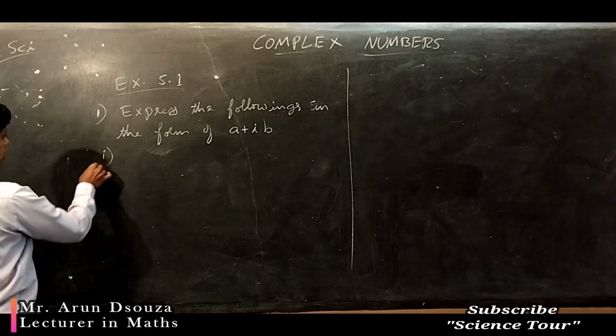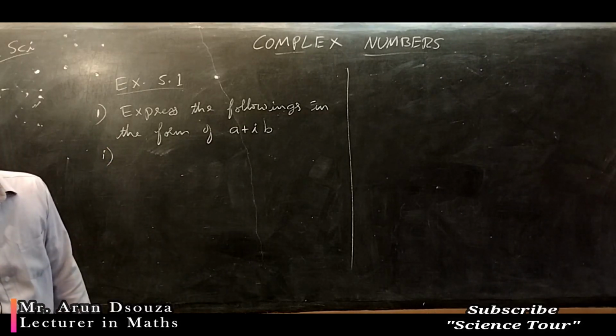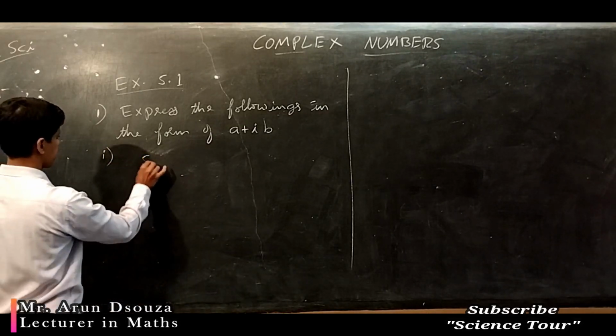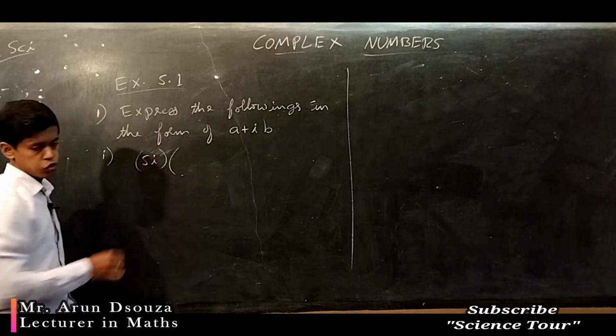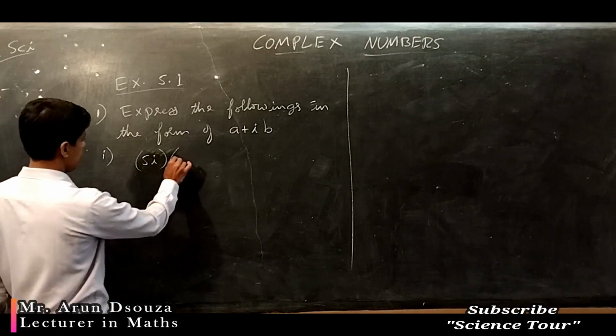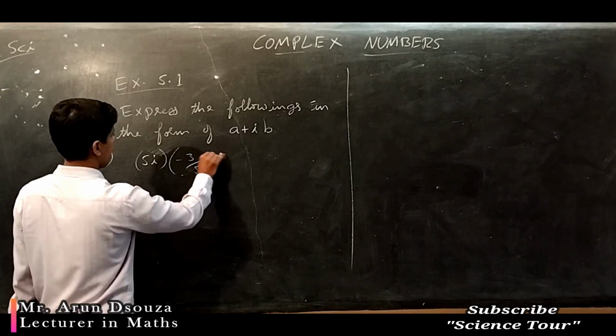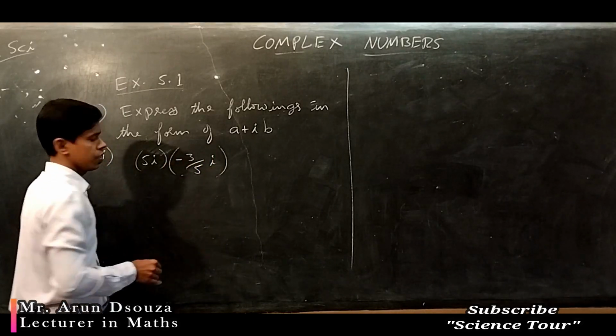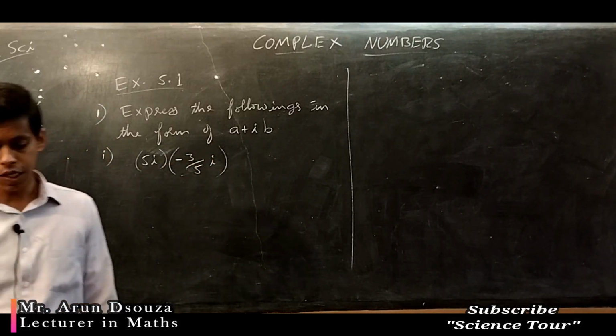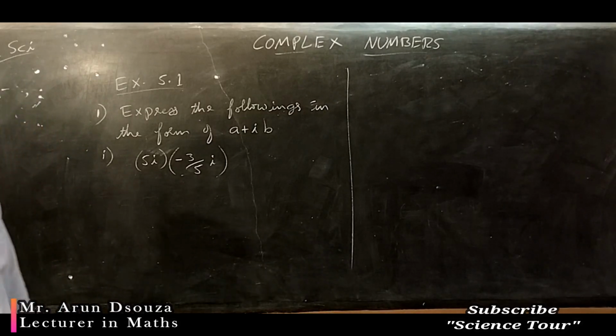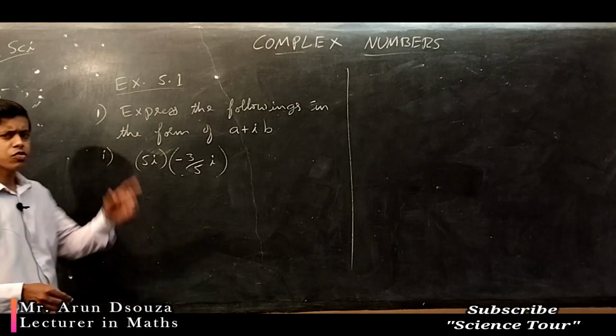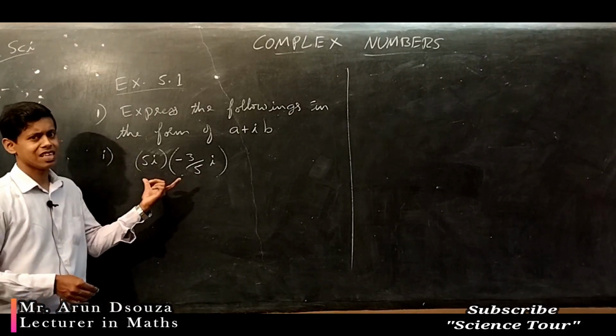What is the first question that we have here? 5i into minus 3 by 5 I. We have solved a similar problem, correct?